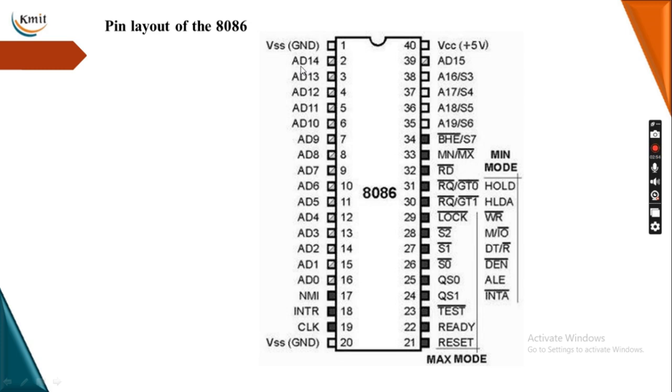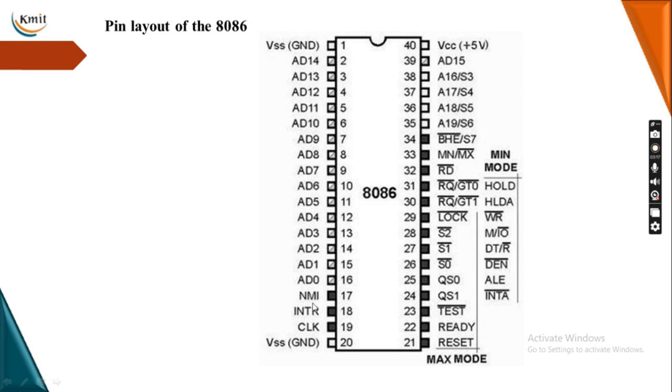Address and data bus AD0 to AD15 are multiplexed address and data pins. So they can be used as address or data bus.